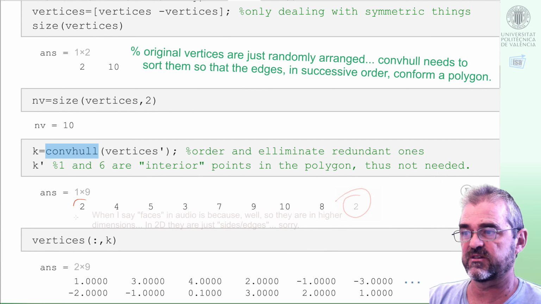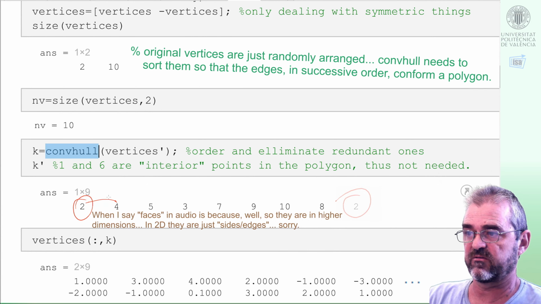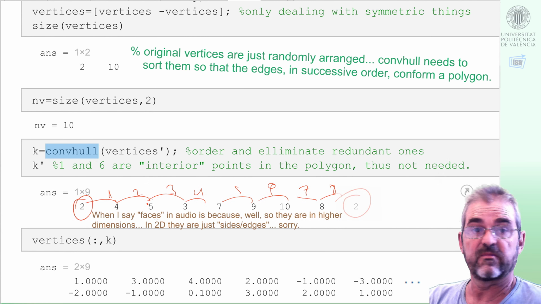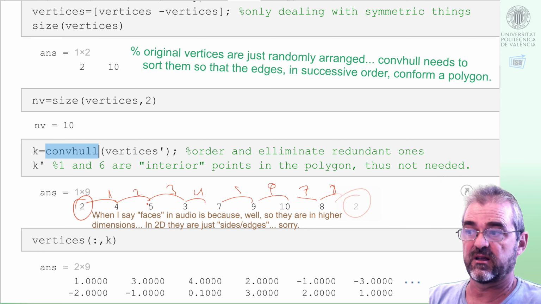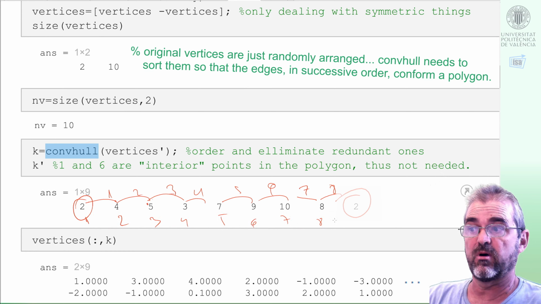You can see that this 2 is repeated here. So we have 8 faces, 8 sides in a 2D polygon, and 8 vertices. And as you can see, points 1 and 6 are interior because they are not in the convex hull.